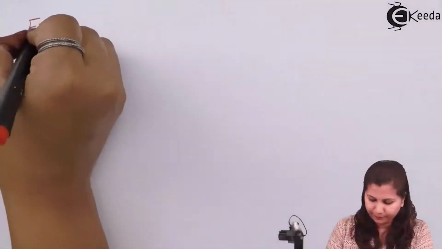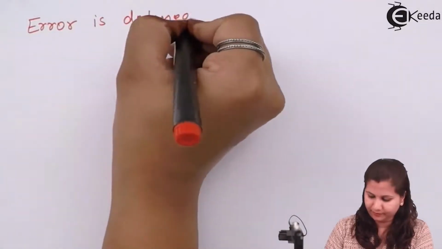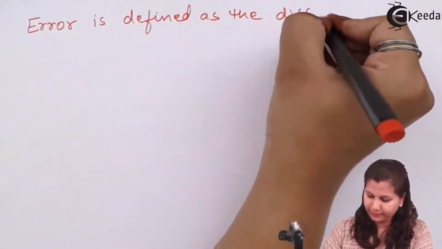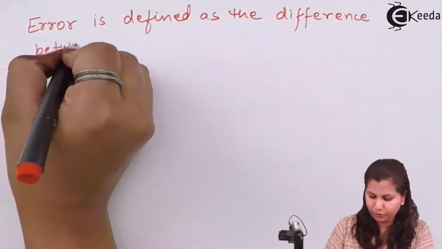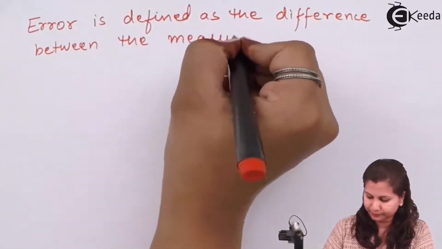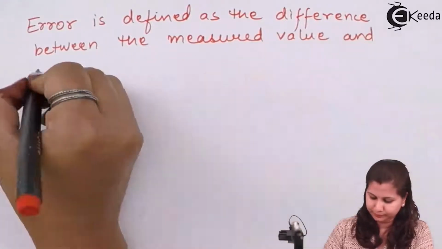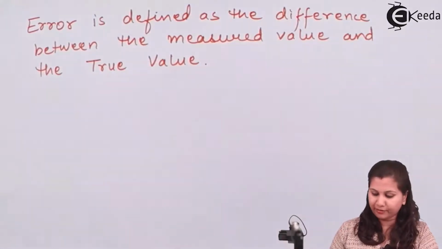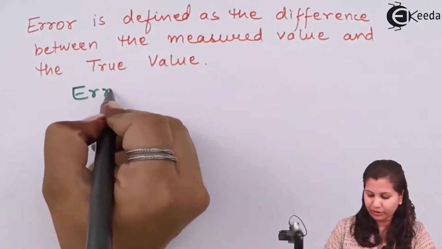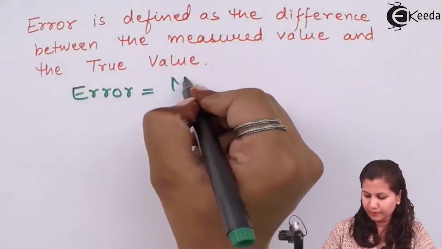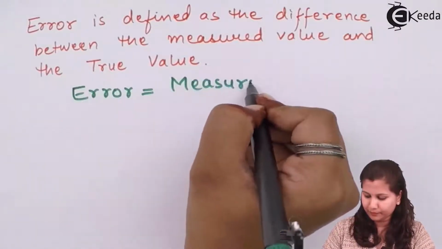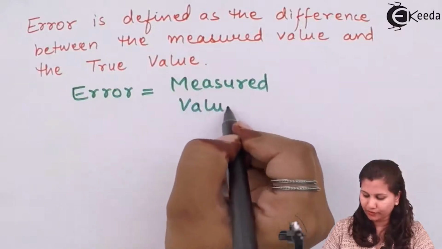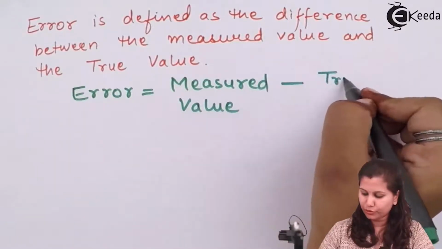So technically we can define the error as the difference, and if we write the formula for it, error is equal to measured value minus the true value.